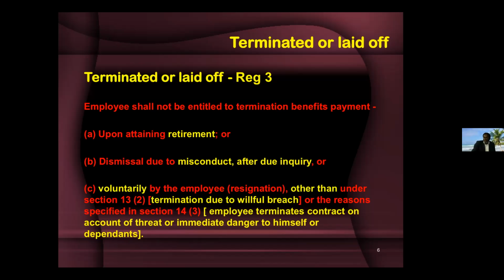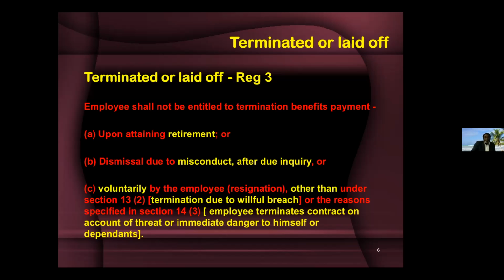And if he is able to do so, he can lay a successful claim at the Labour Department to claim for termination benefits. So bearing that in mind, these are some of the conditions where the employee shall not be entitled to termination benefits payment. Other than these conditions, the employee shall be entitled to termination benefits, which we will look into in a future slide.